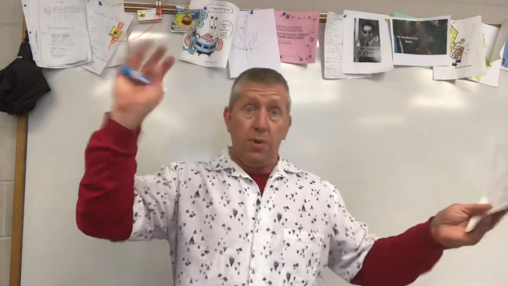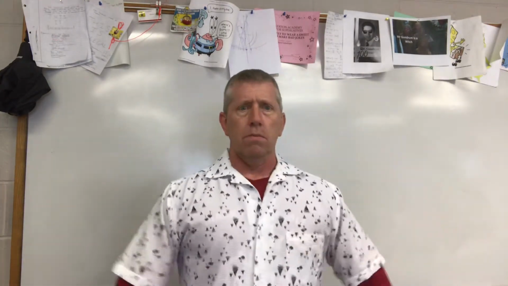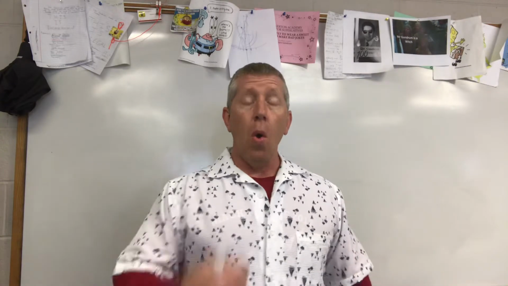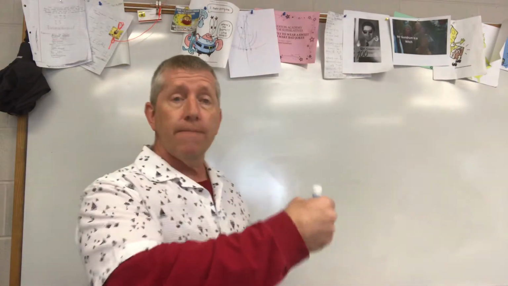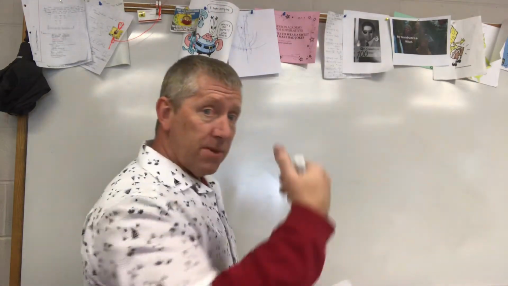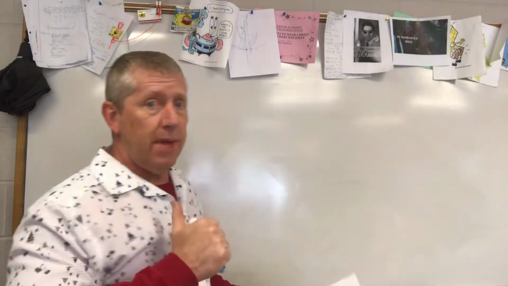Gas is really disorganized. Liquid's kind of disorganized. Solid, not disorganized. Organized. Organized means less entropic. So on the right, the solid has more organization to it, so it's less entropy on the right and more entropy on the left.